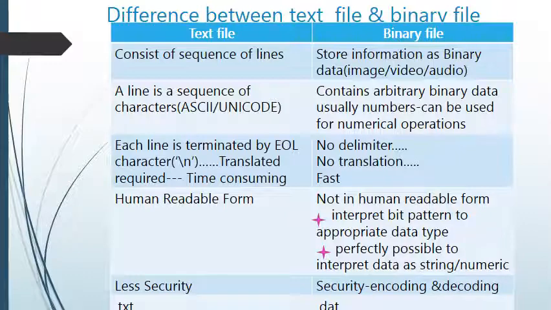Each line is terminated by an EOL character, that means \n. Because of this \n, when we read from this file, we require a translation to make our system or program understand what this \n is. So it will be a somewhat time-consuming task.